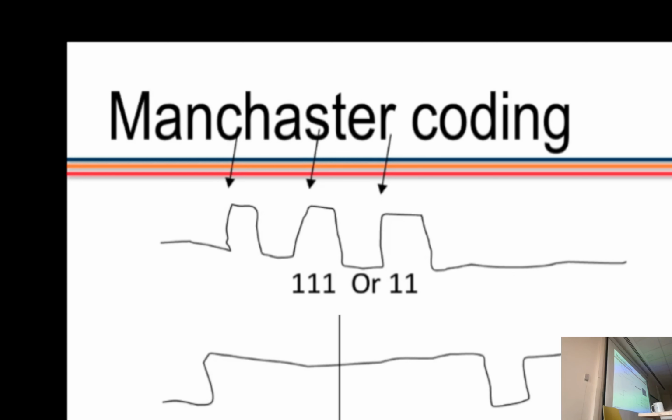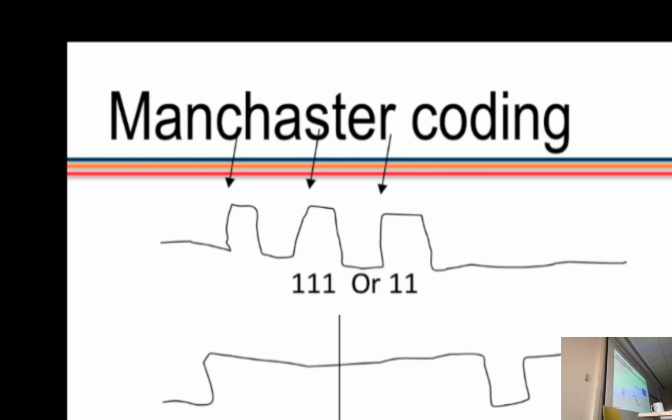Going up is 1, going down is 0. So if there is a change in voltage, it is the information. This part is not the information. The information is the change.